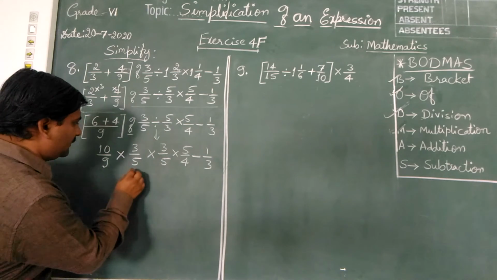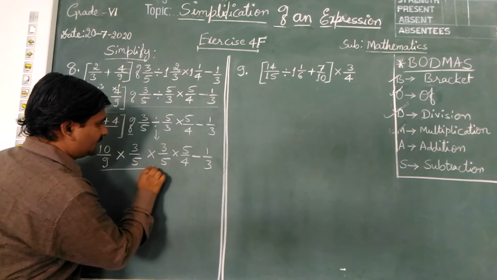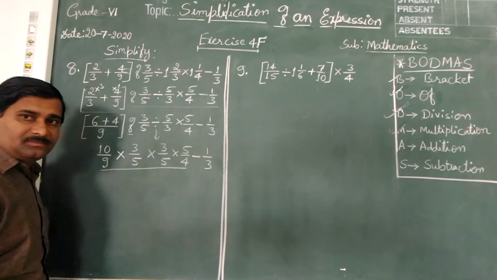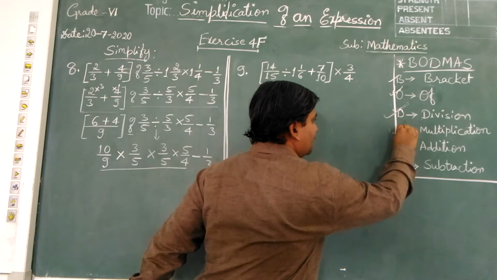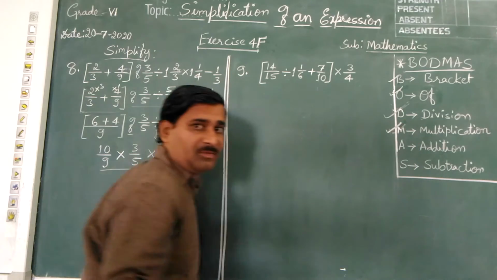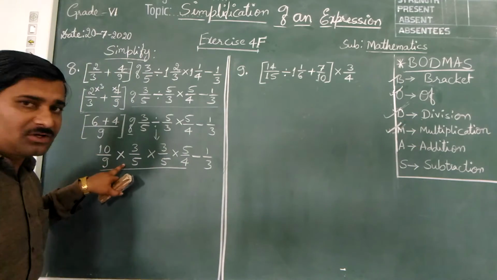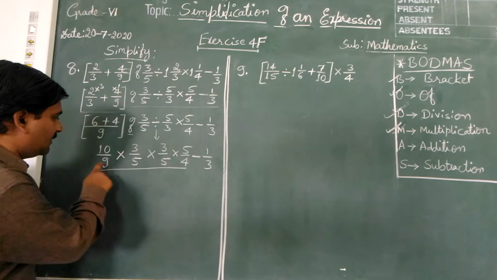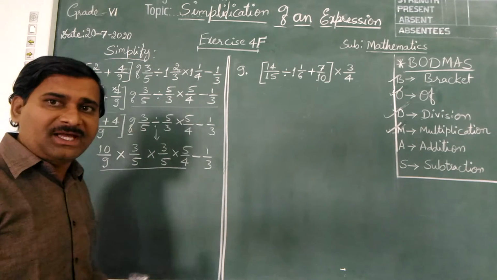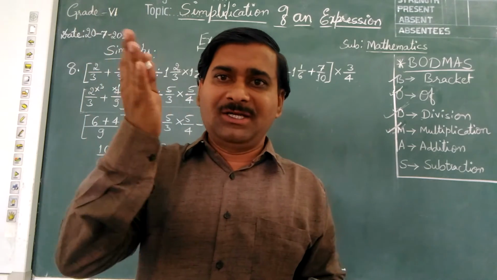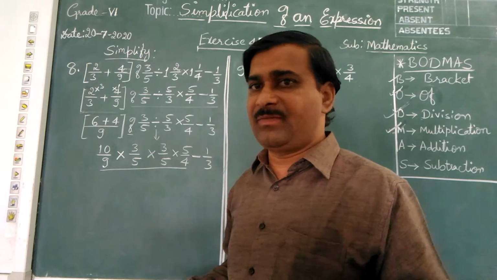Now you can see all these are multiplications. We should find the product now. Next operation, multiplication. In multiplication what will we do? We will cancel numerators and denominators and write the product.